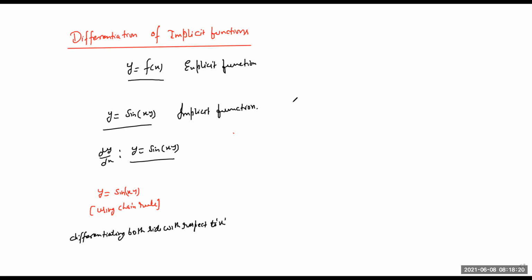Differentiating both sides with respect to x, you can write d by dx of y equals d by dx of sine xy. This is how we should write first. Now the LHS is something we were looking for, so our job there is done.